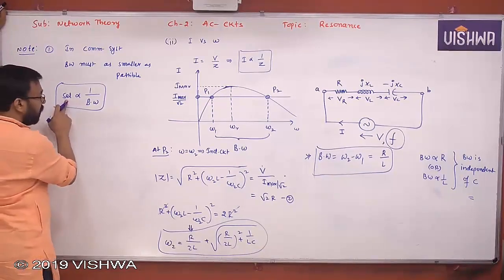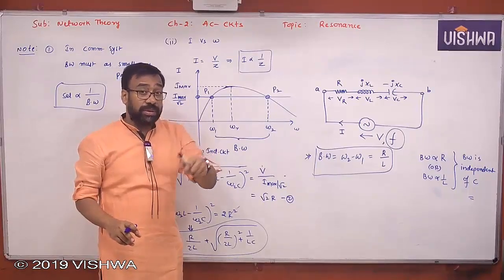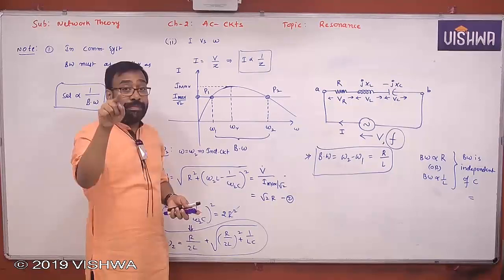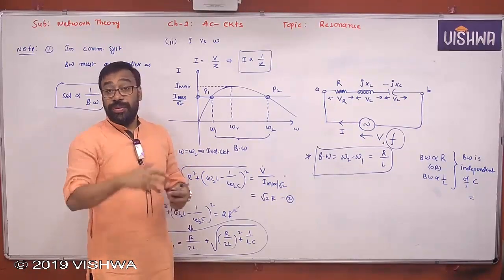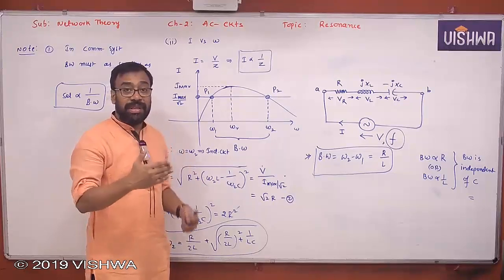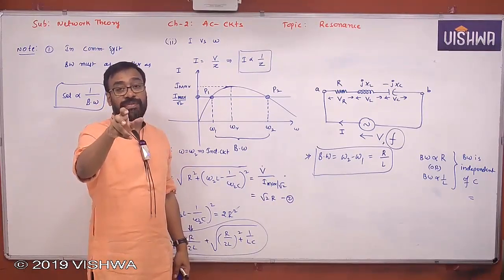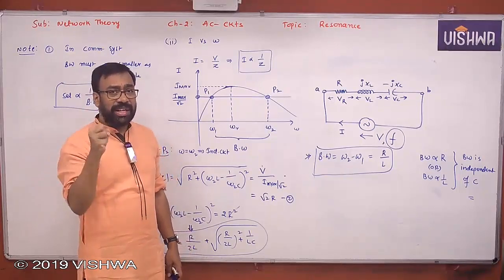What do you mean by selectivity? We said a resonant circuit is also called a frequency selective circuit. The ability of the resonant circuit to respond to a particular frequency or small range of frequencies, and rejecting all other remaining frequencies, that ability should be very high.